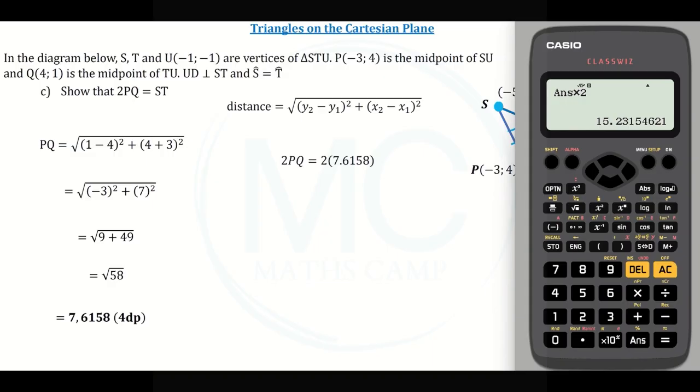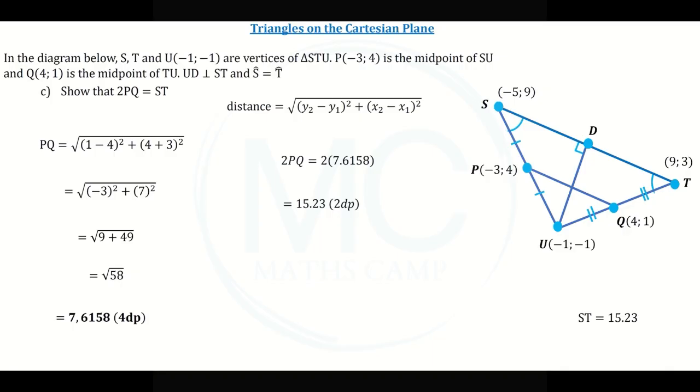Round off to 2 decimal places, and we get 15.23. Now we can see that 2 multiplied by PQ is 15.23 to 2 decimal places. And we already found that the length of ST is also 15.23. So we can see that 2PQ is equal to ST. And now we can move on to part D.